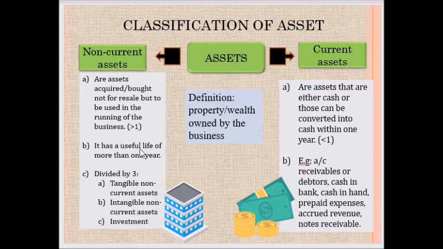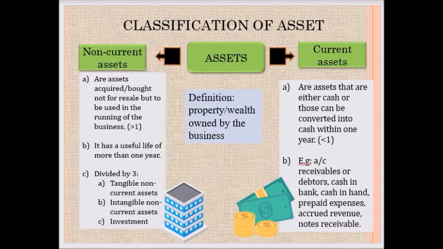Okay, so they are divided into three categories: tangible non-current asset, intangible non-current asset, and investment. Non-current asset, for example, is like this building, which is used to operate the business and can be operated for more than a year.